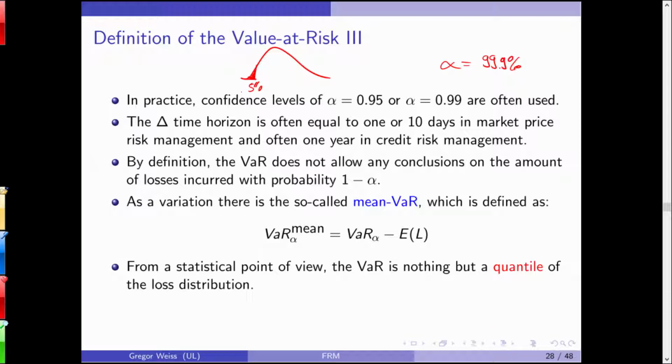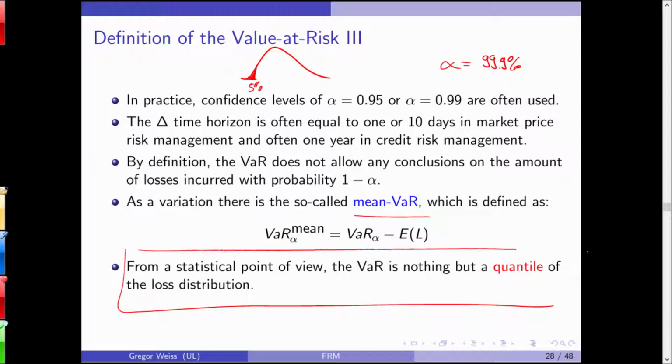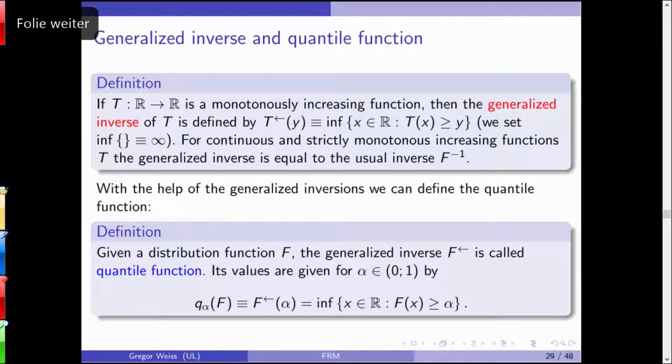But practitioners, yeah, they didn't really get this, at least up until the financial crisis. You can also use a mean VaR. You simply take the value at risk and subtract the expected loss. But from a statistical point of view, it's just a quantile. Okay.